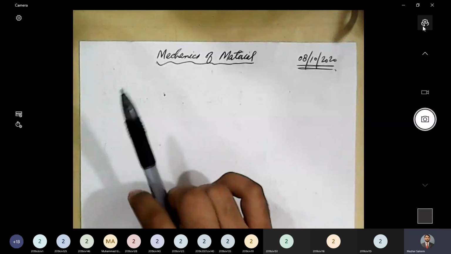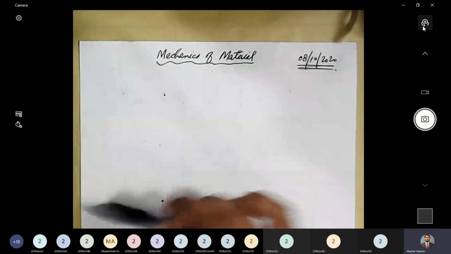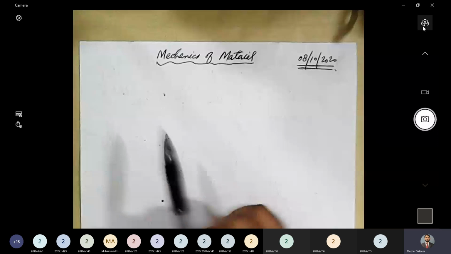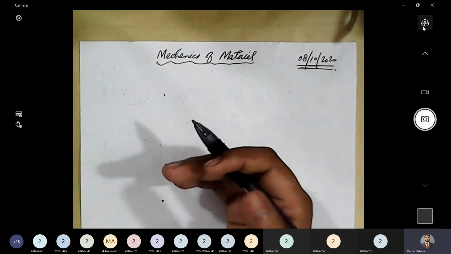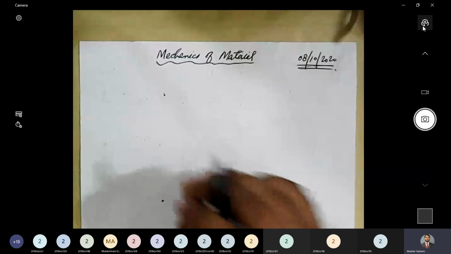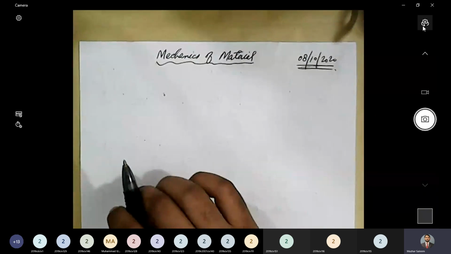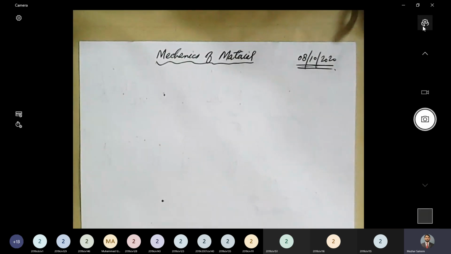But still, I strongly recommend you to make notes of lectures. As I write down here, you also make notes, just the way we do it in class. The teacher is writing on the board and the students make notes. Because when you write down the stuff with your own hands, you develop a better understanding.